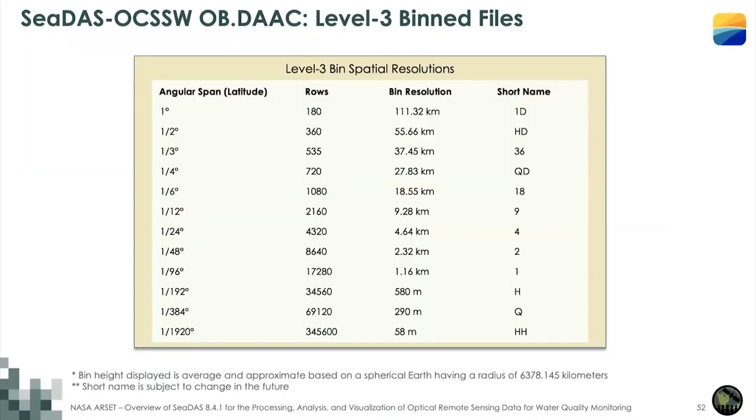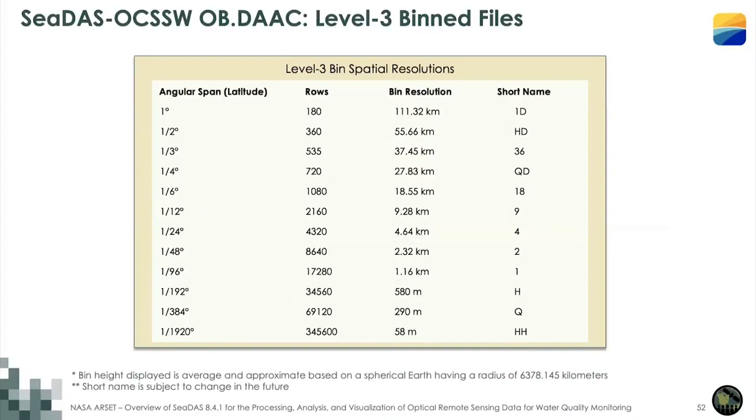During the binning step, we're dividing the world equally up into increments, like 1 degree increments, and anything divided by that on the latitudes, you're dividing it evenly up, and you end up with numbers like 58 meters and 4.64 kilometers.